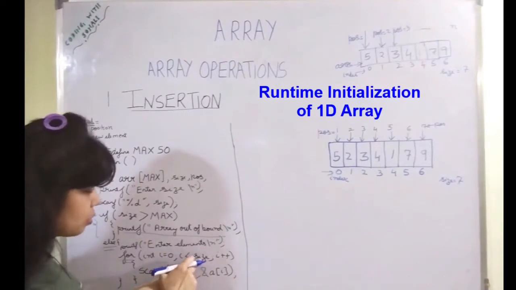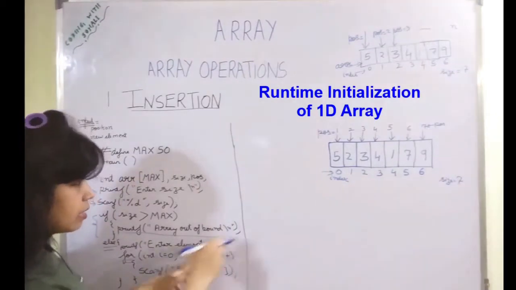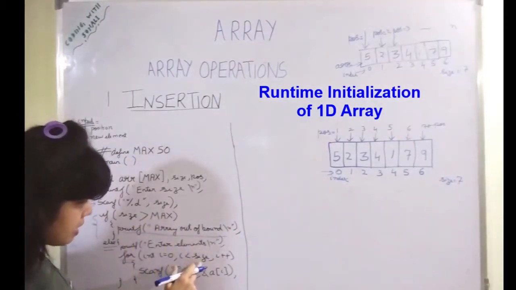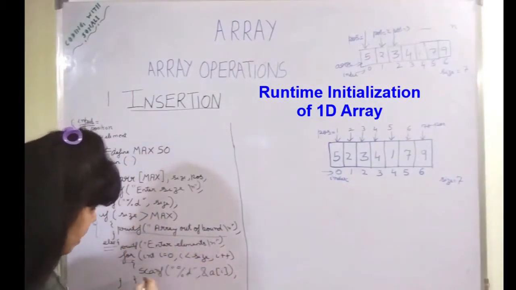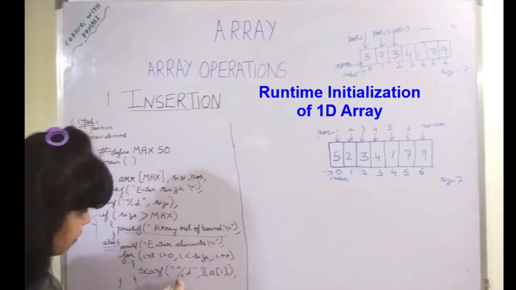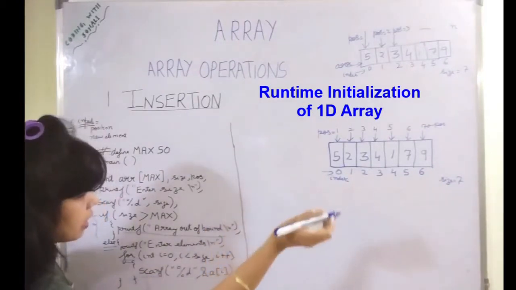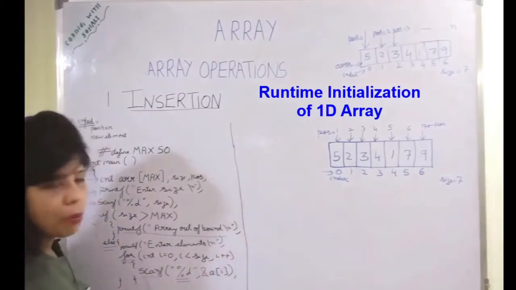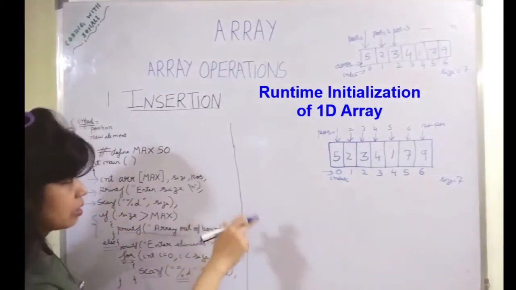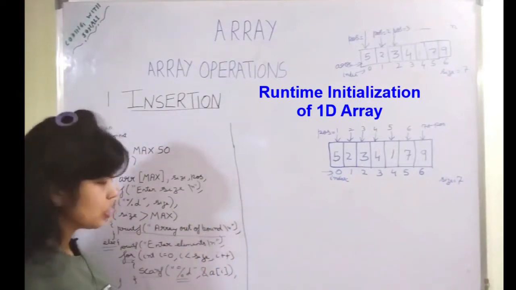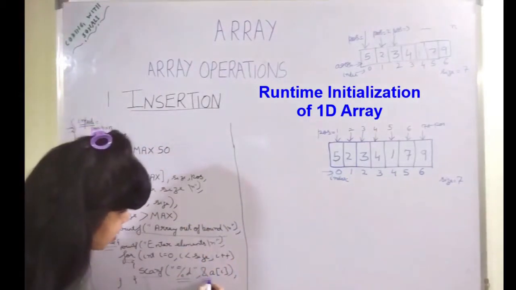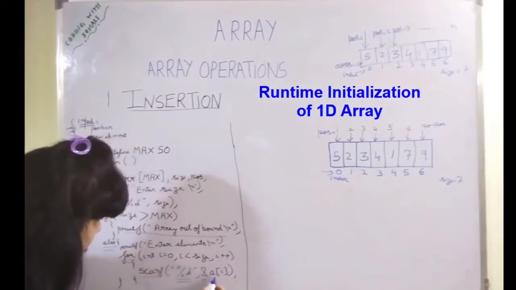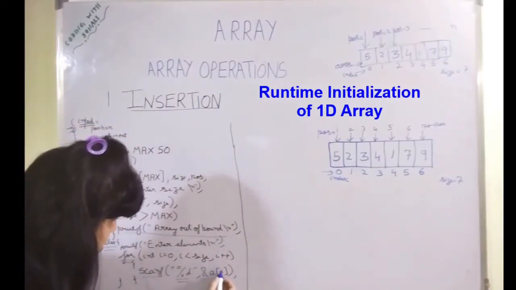Whatever size the user has entered, say we are considering size as 7, then we will try to fill the array. We call the scanf function and fill the array elements one by one. You can see we are using the format specifier %d because the elements are of integer data type, and the address. When i is equal to 0, this will be ampersand a of subscript 0.